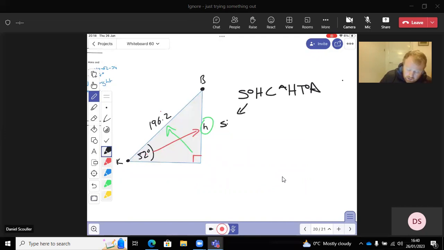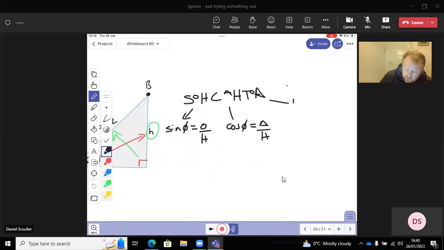So sine of the angle equals opposite over hypotenuse, or cos of the angle equals adjacent over hypotenuse, or tan of the angle equals opposite over adjacent.